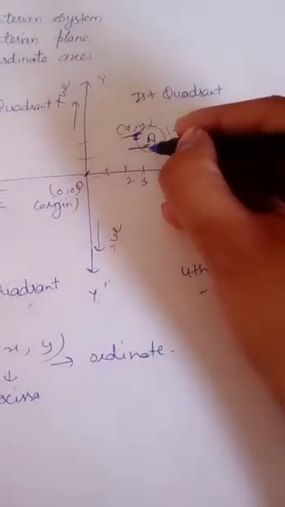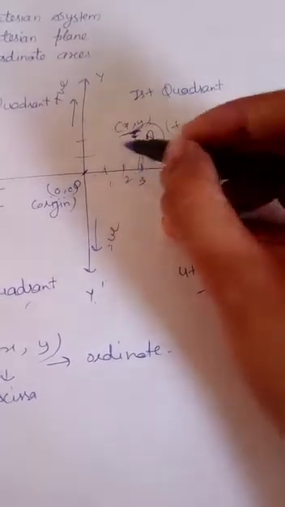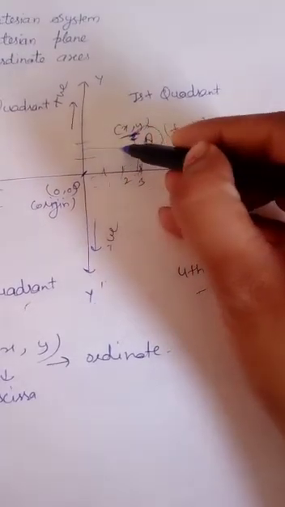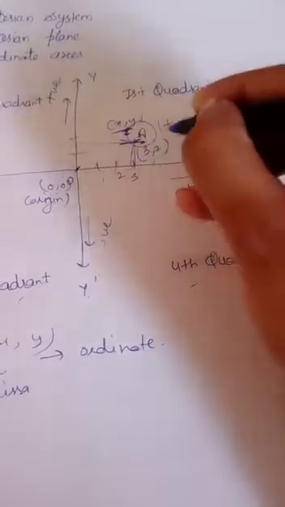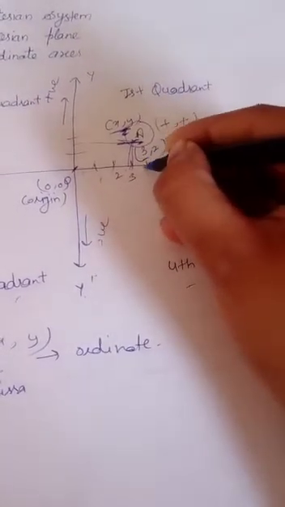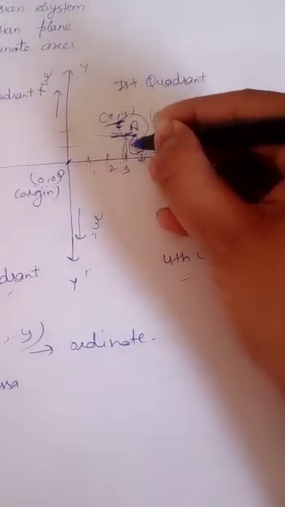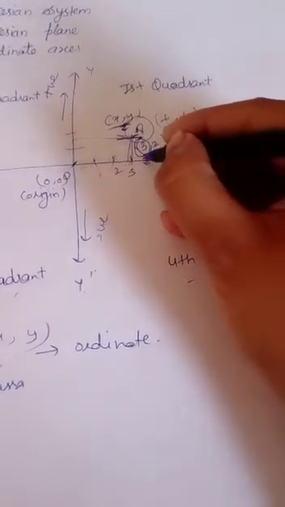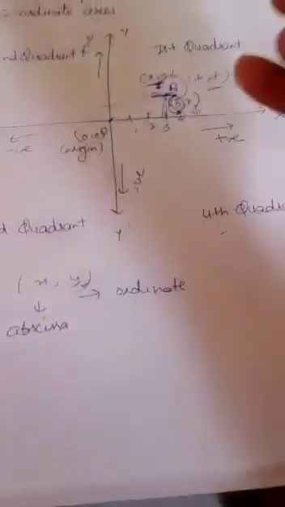Now this point is A. We can say this point is 3 units above the x-axis and 2 units to the right side of y-axis. So position of this point is (3, 2). We always write the x point first and the y point second. Now the coordinate of x is known as abscissa and the coordinate of y is known as ordinate.